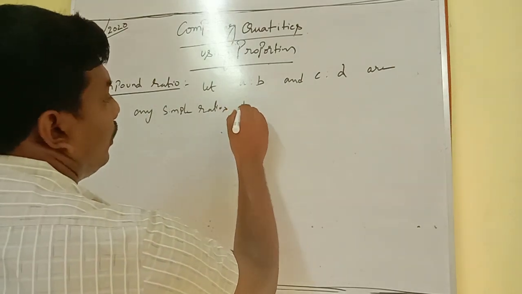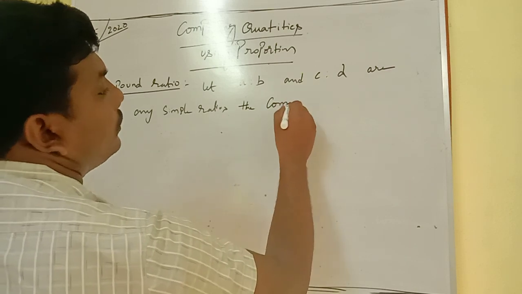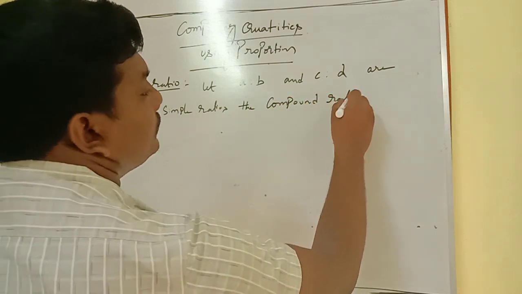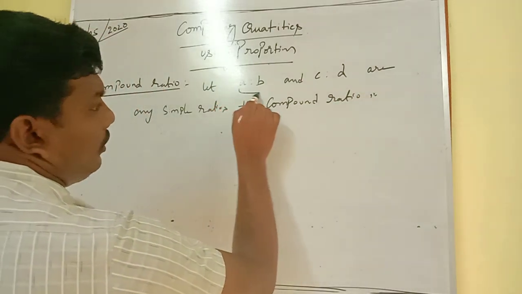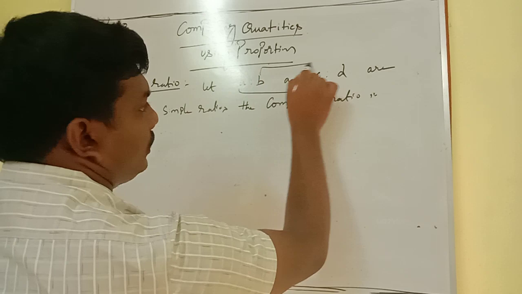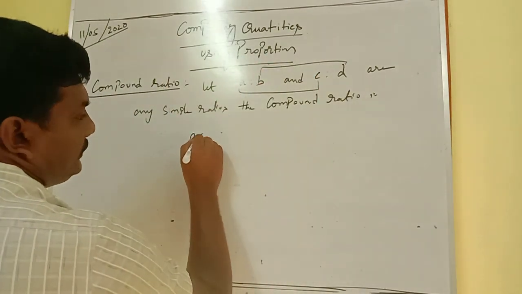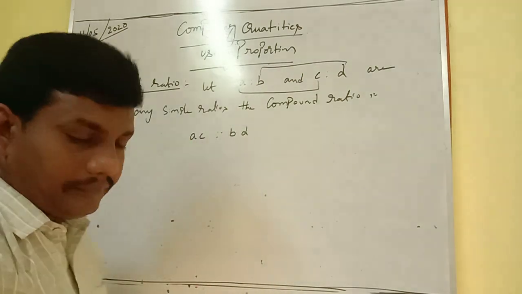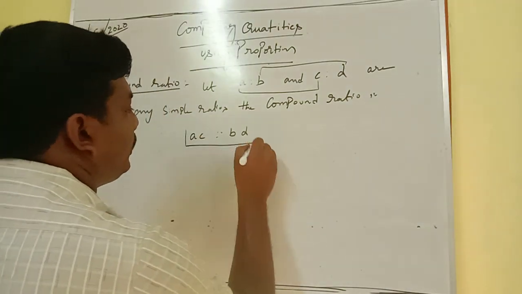Therefore, the compound ratio is the product of antecedents to the product of consequents: AC is to BD. So this is called compound ratio.